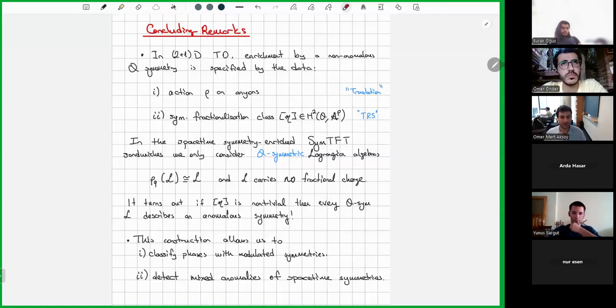But you see it's a mathematical trick. I want to describe the symmetry of the D-dimensional theory by a D+1 dimensional theory, and I want to have at least one gapped boundary. That's why I'm not thinking about the chiral theories. So that's one reason to not look at the fractional quantum Hall.